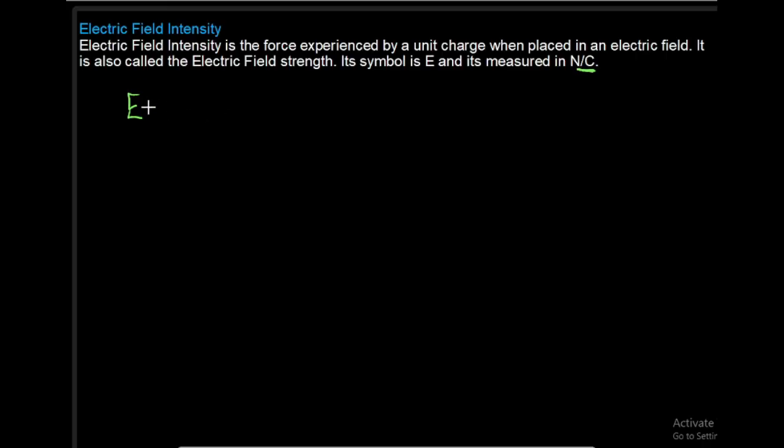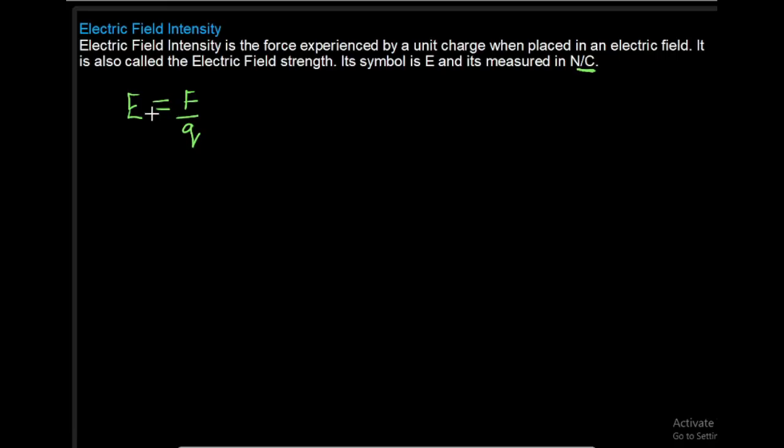Mathematically, electric field strength E, do not forget the symbol is E, equals force all over charge. This is the equation for calculating the electric field strength. We have E equals F over Q, where F is the electric force experienced by that charge, and Q is the magnitude of the charge.